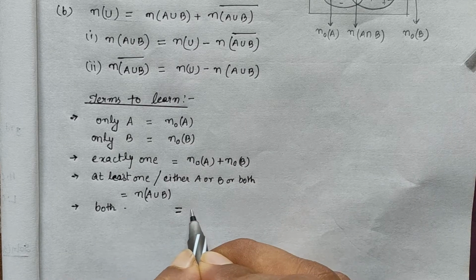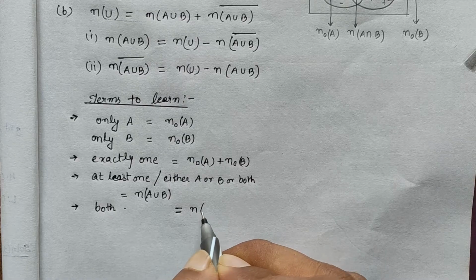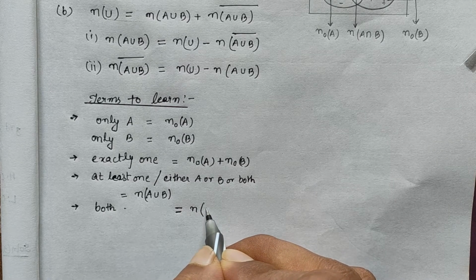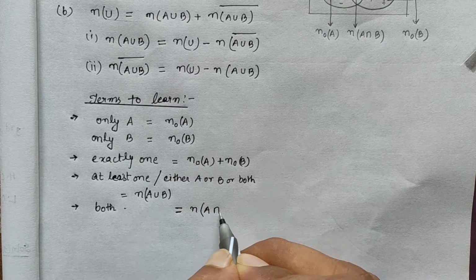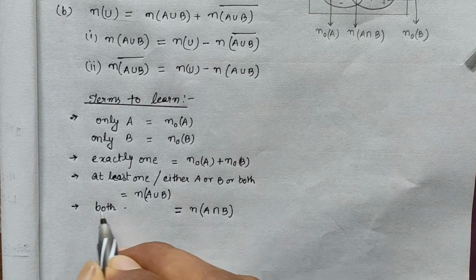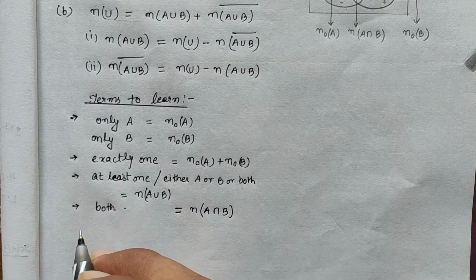Both means the cardinality of A intersection B. Both represents n of A intersection B.